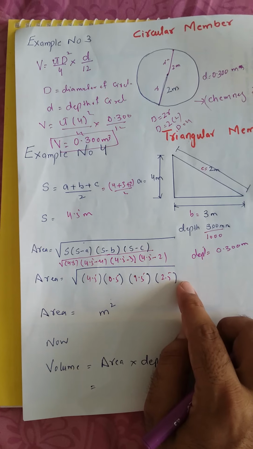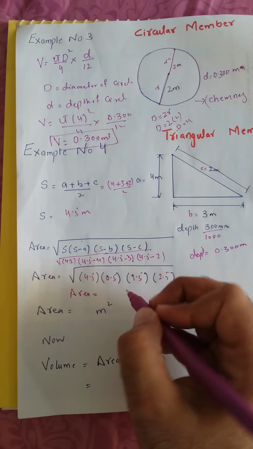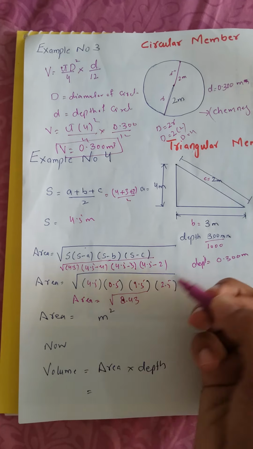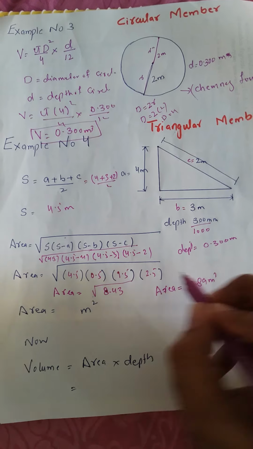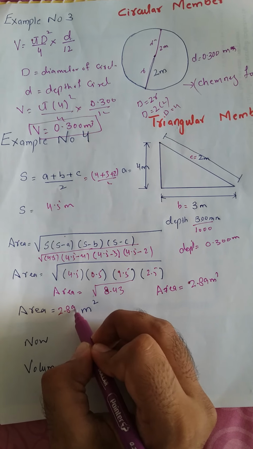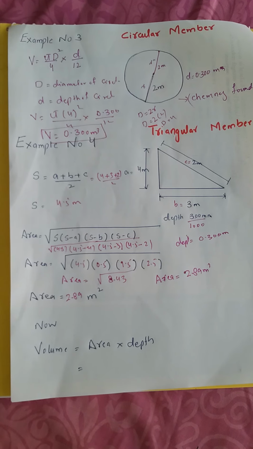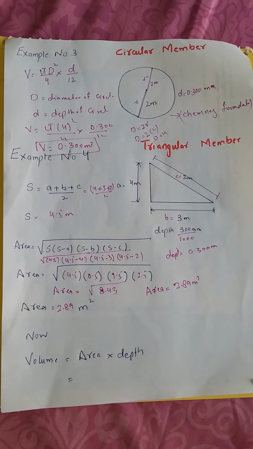Now multiplying these values we get 8.43. You can calculate it by yourself. After taking the under root, the area for this triangular shape will come 2.89 square meter. Now we have calculated the area of this triangular member, but we want to calculate the volume, the quantity of concrete.